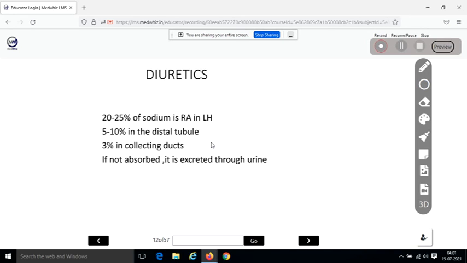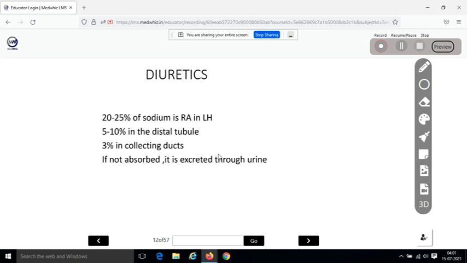Under these conditions, sodium reabsorption continues, but the protons secreted by the sodium hydrogen exchanger are not buffered by bicarbonate. So this is how the reactions occur in the proximal tubule.